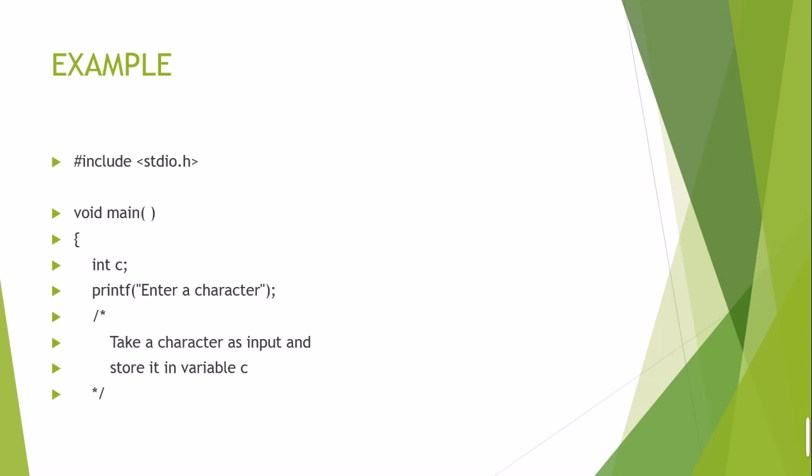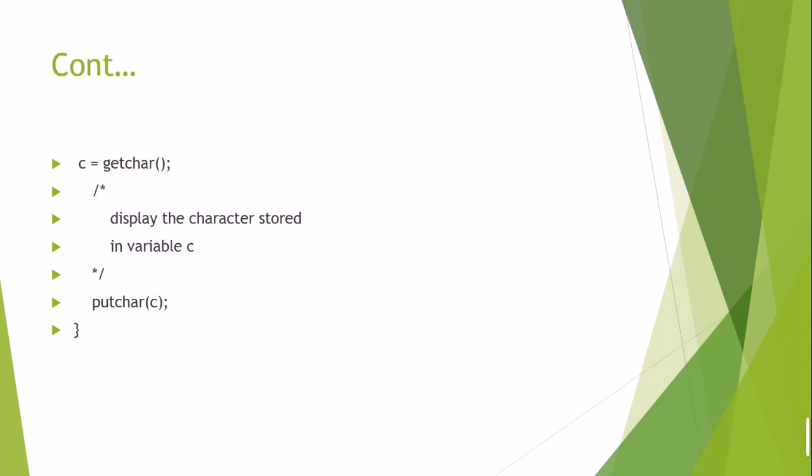So void main function, curly braces open, int c, printf enter a character, semicolon, then this slash and asterisk is used for multiple line comments. So take a character as input and store it in a variable c, asterisk and slash. Then c equals getchar function, again a comment, display the character stored in variable c, putchar c, and end the curly braces.